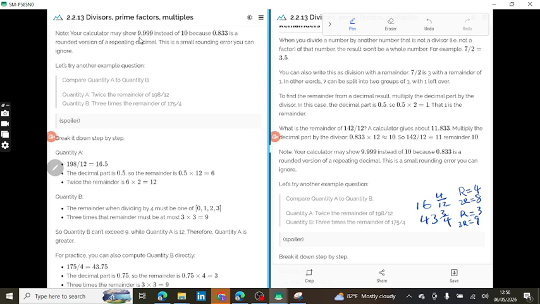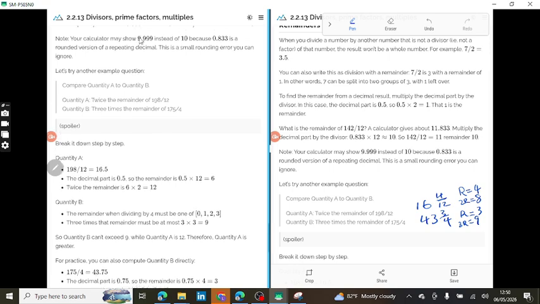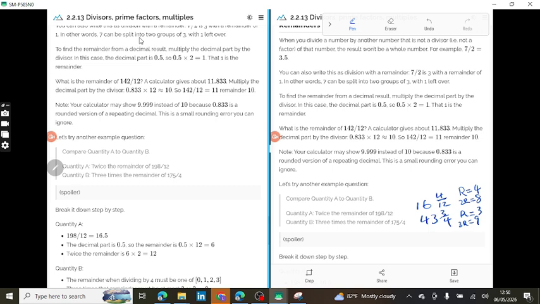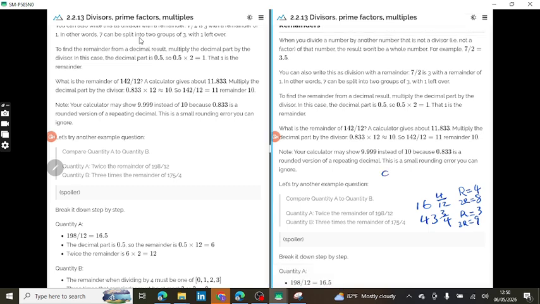Wow, he's saying that quantity A is greater. Why did they times 6 times what? 4? We can rather reevaluate what you gave. But what I did was 198.